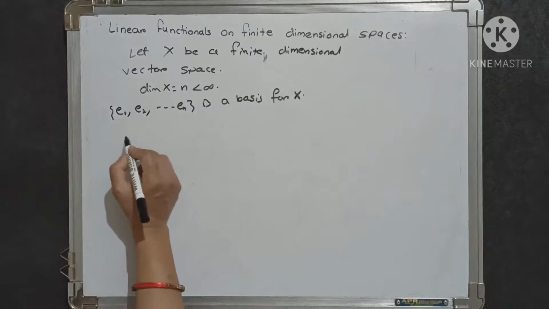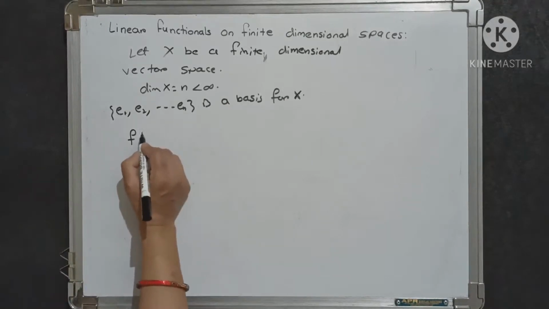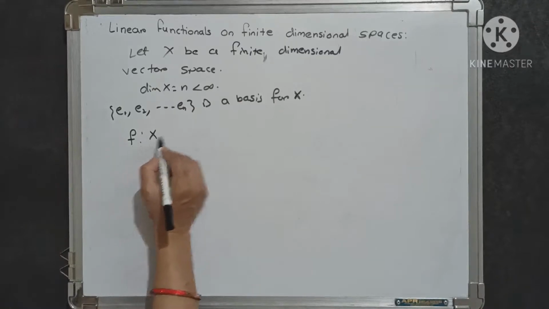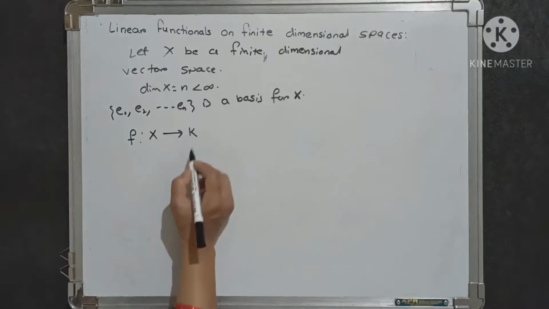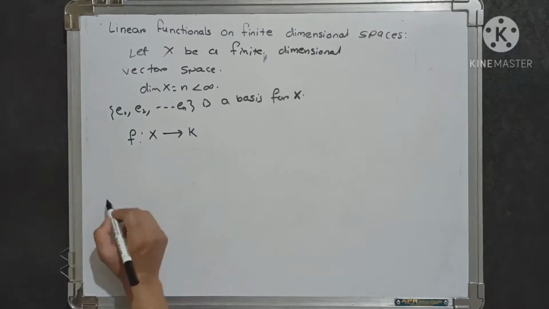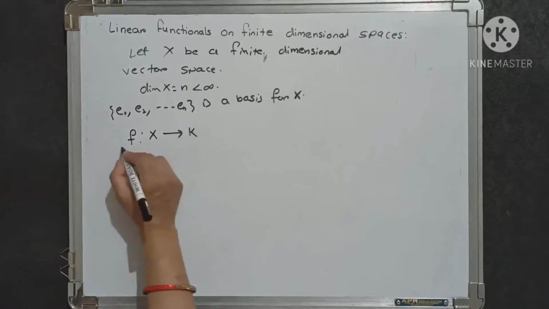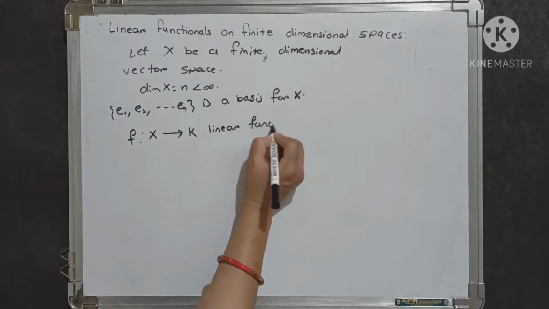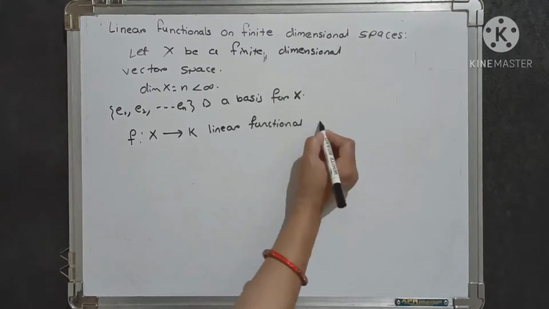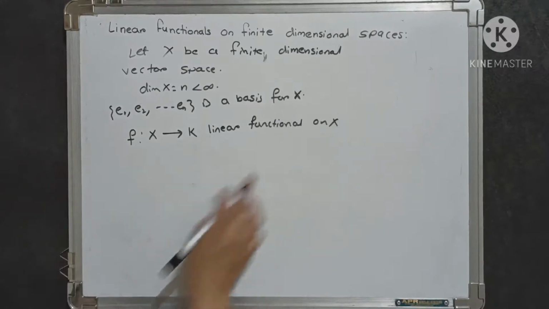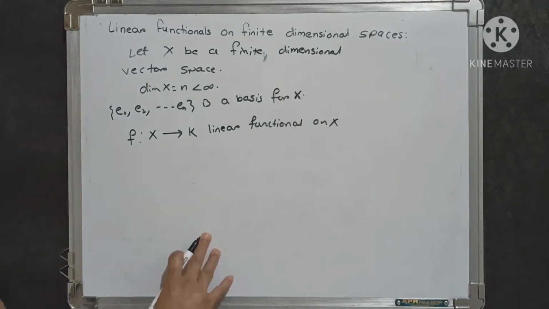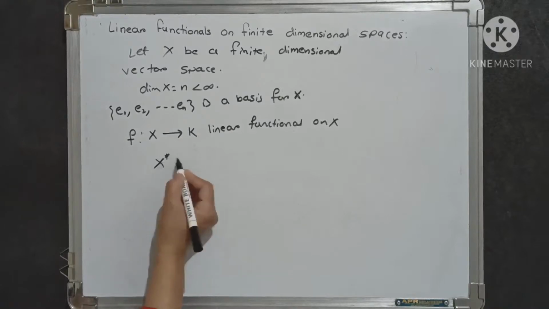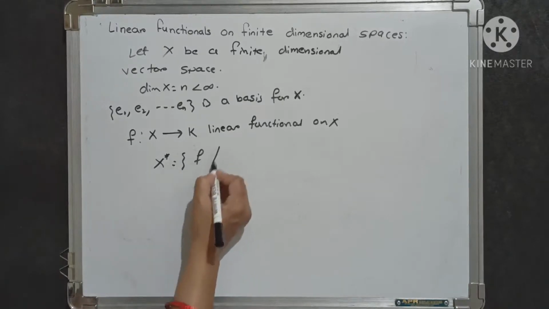Now here we consider f to be a linear functional on X. That means f is a mapping from X to K, where K is the scalar field of X. As it is a linear functional on X, we know the algebraic dual space X star is the set of all such linear functionals.